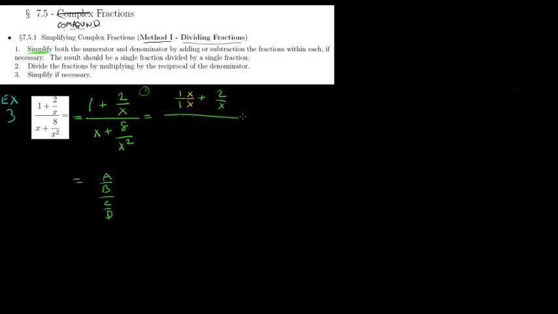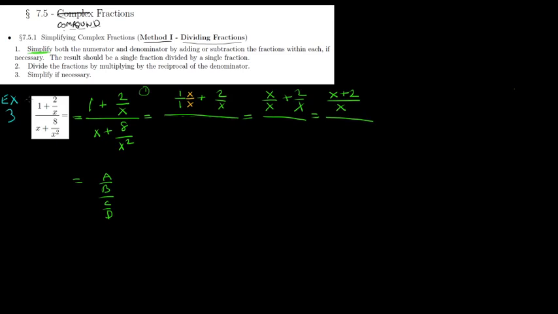There we go. Sorry about that. So where were we, right? We're doing x over x plus 2 over x. And now that we have the same denominator, we just add the numerators, right? We get x plus 2 over x. Okay. So we simplified the numerator, right?